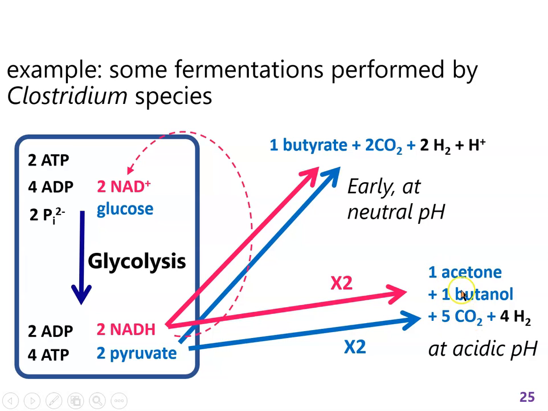You get 12 if you count up all of these. And so when Clostridia switch to doing this as a waste product, they actually use twice as much to make these. So in that one reaction they'll use 4 NADHs and 4 pyruvates. So that's why I have ×2 here. That's not critically important for you to understand. It's just I have to make these things correct when I put them in here.